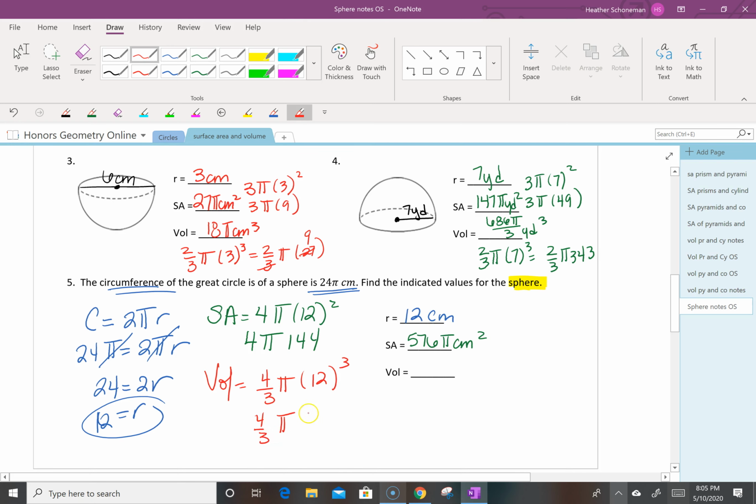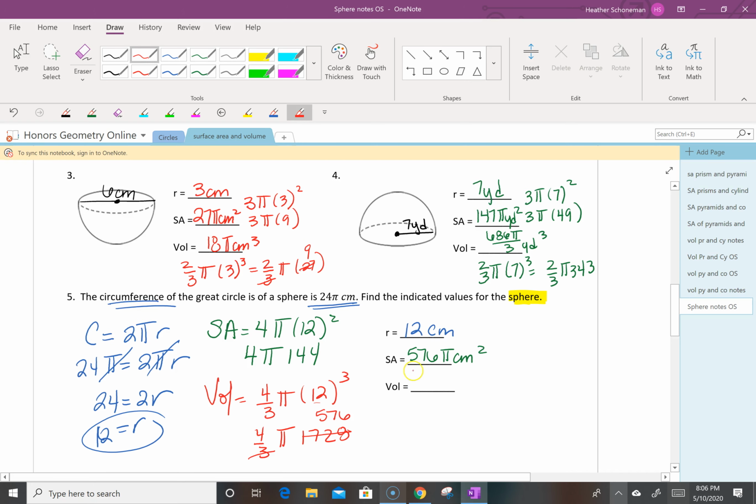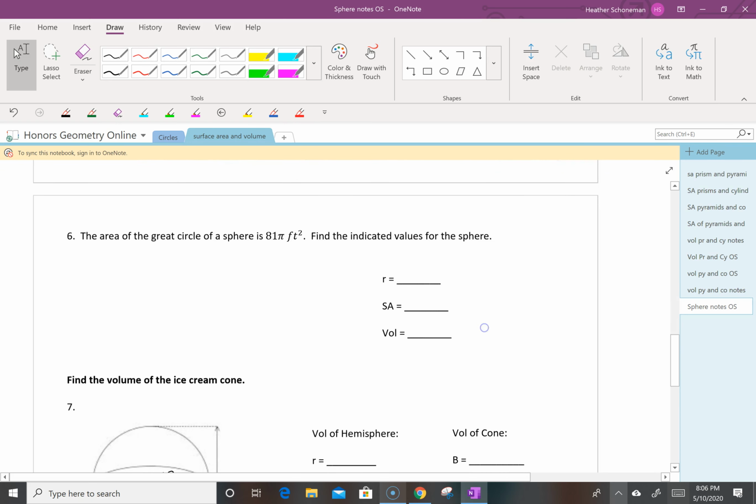So we have 4/3 pi, 12 cubed is 1728. Okay, since 12, the radius, is divisible by 3, 1728 is. 1728 divided by 3 is 576 times 4 would be 2,304 pi centimeters cubed.